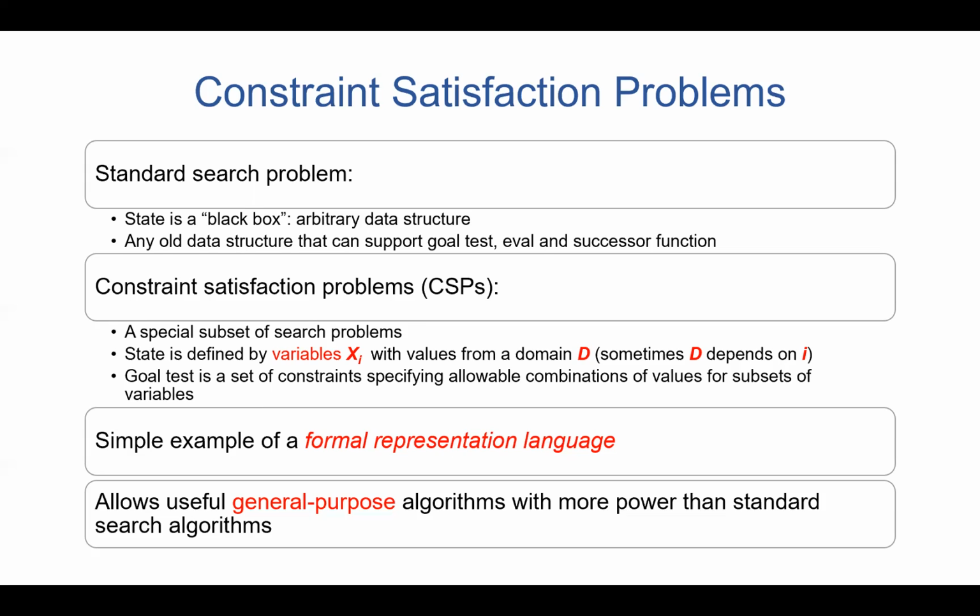And we will talk about how we identify the goal by assigning values to variables and by satisfying all the constraints. So the goal test in CSP basically is the set of constraints specifying allowable combinations of values, okay, for subsets of variables, which is what I just mentioned.